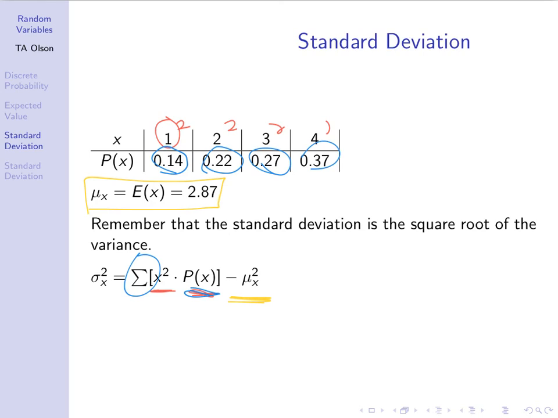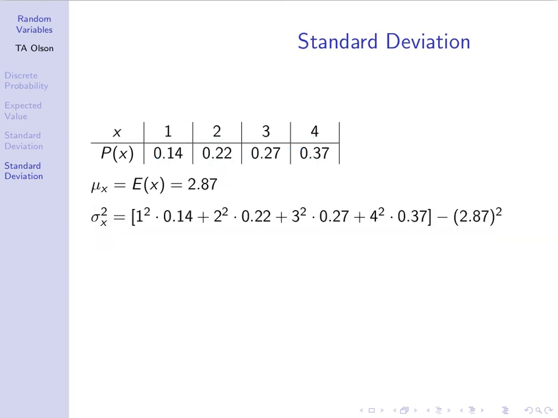So for this example, it's the squares of our data values. It's a four-sided die, so we have a 1, a 2, a 3, and a 4. 1 squared is 1, 2 squared is 4, 3 squared is 9, 4 squared is 16. Square those, multiply them by their probabilities, add them up, and then subtract off the square of the mean.